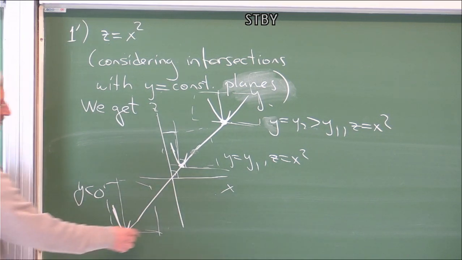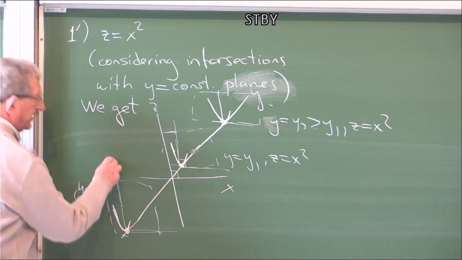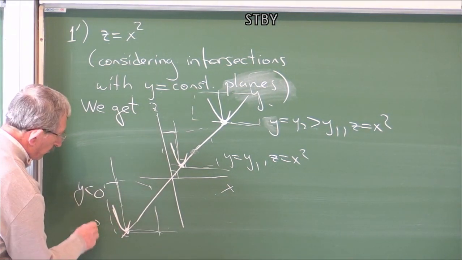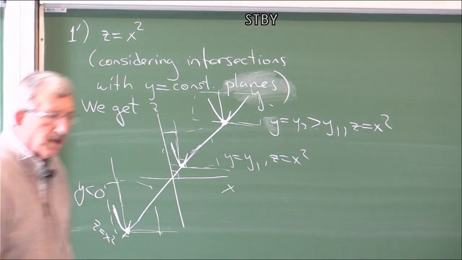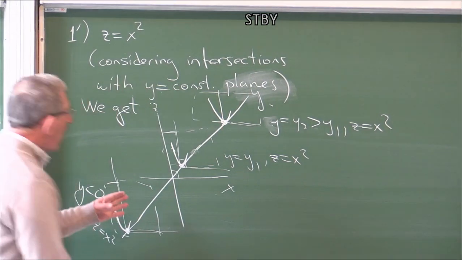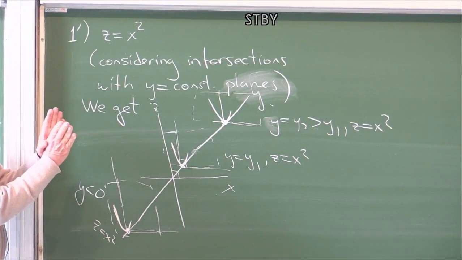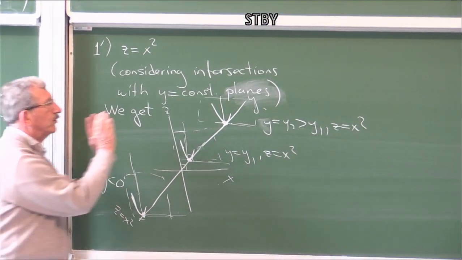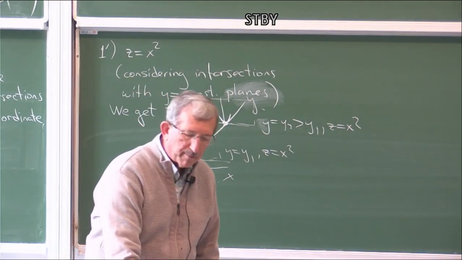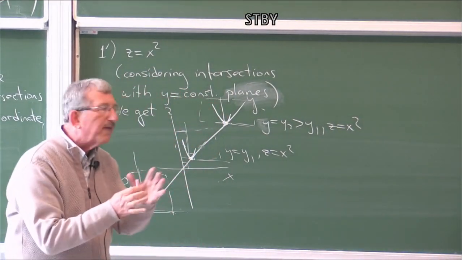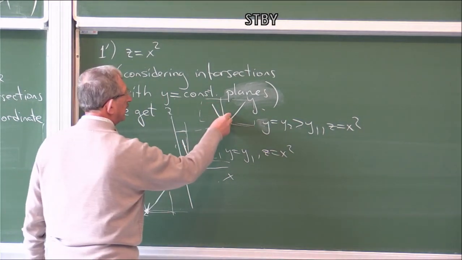Remember, this is the x-axis. This is the z-axis. So this is the parabola z is x squared. Again, what happens is we have a parabola, and it's moved along the y-axis. So in our imagination, if we put them together, obviously we will get something like this.